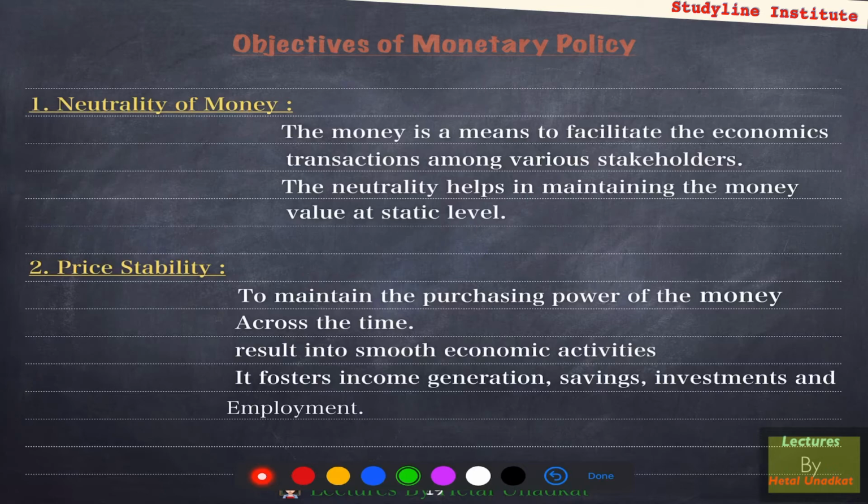First is neutrality of money. It means the money is a means to facilitate the economic transaction among various stakeholders. The neutrality helps in maintaining the money at a certain level, because if we want to purchase something, if we want to sell something, what do we need?